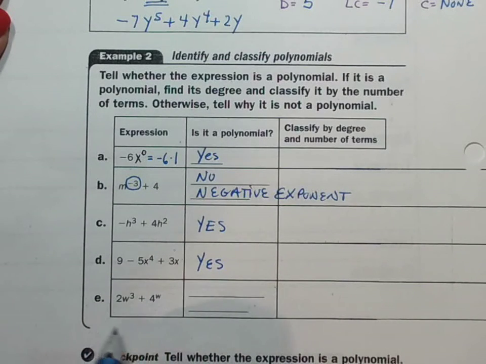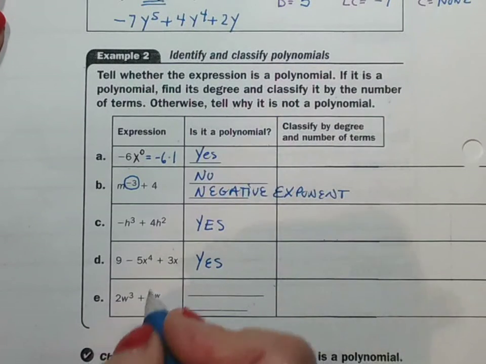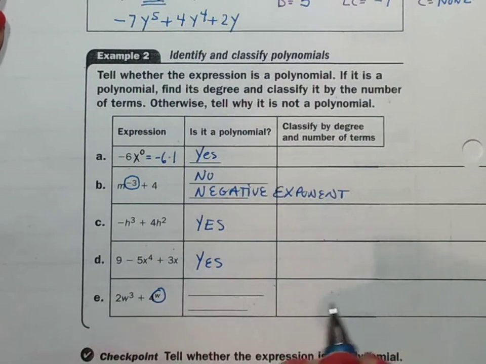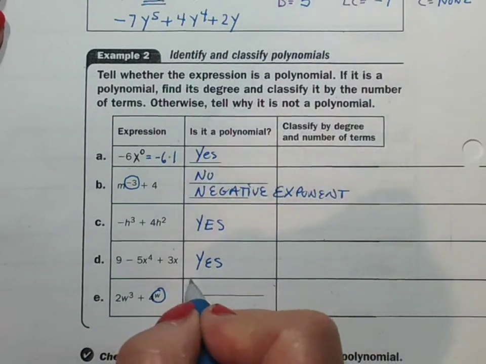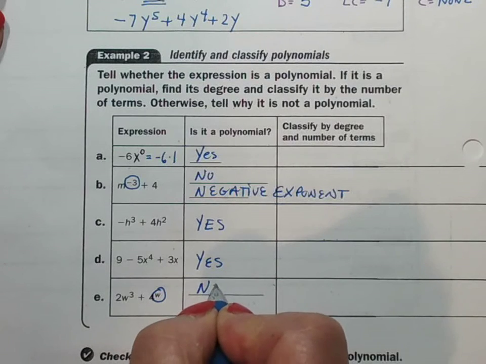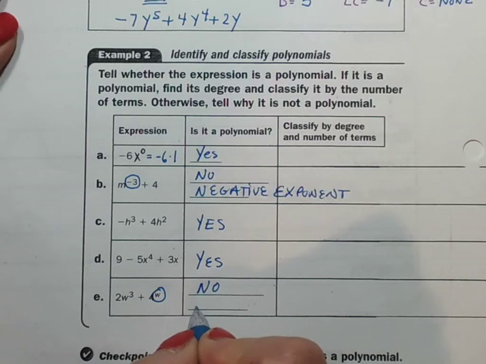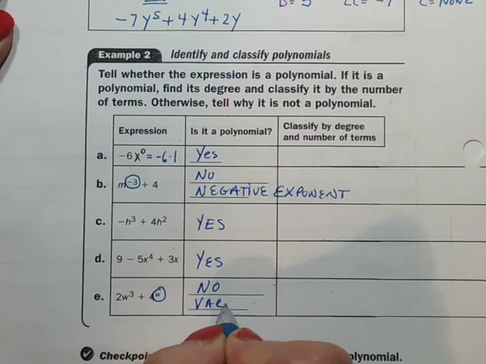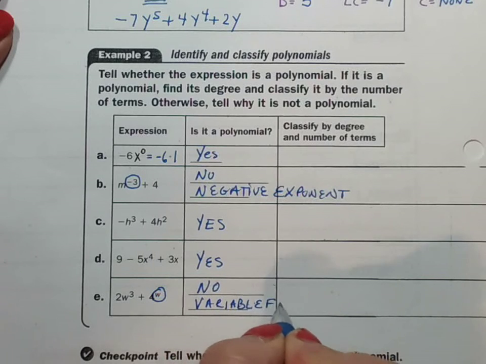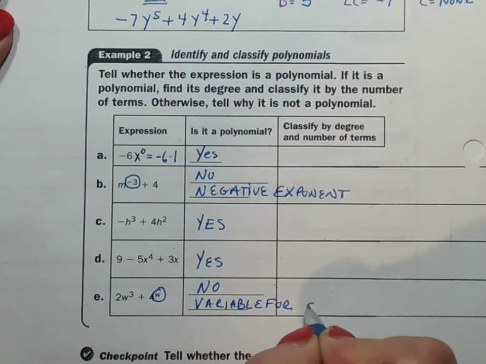Here, do you see anything unusual? Well, we can't have w as an exponent, so no, it's not a polynomial. It's got a variable for the exponent.